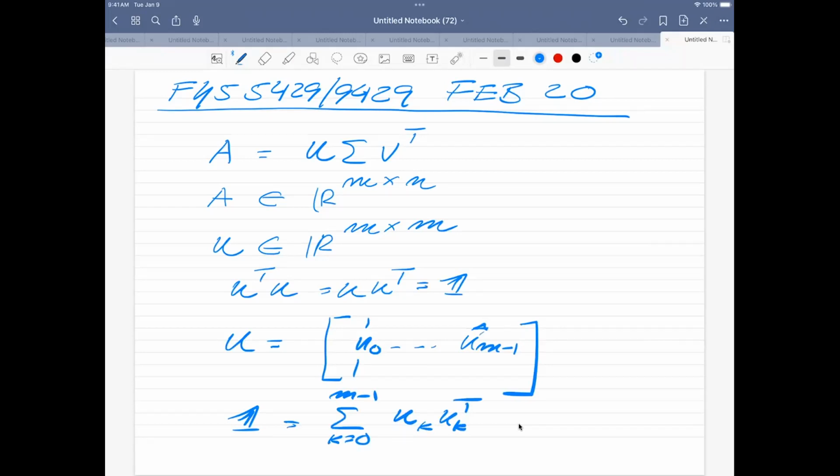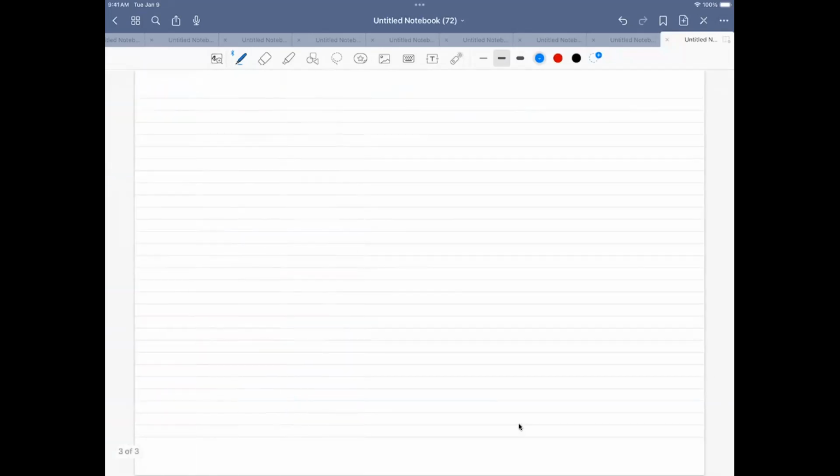And when you have that, if you only keep the first two components, you could write a projection operator, which is given by U0 plus U1.